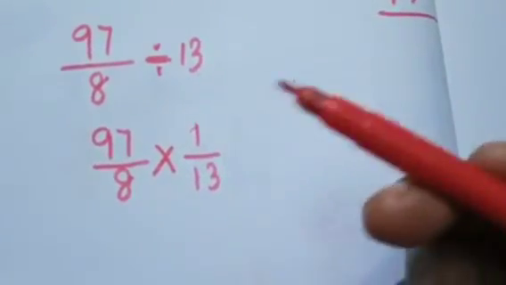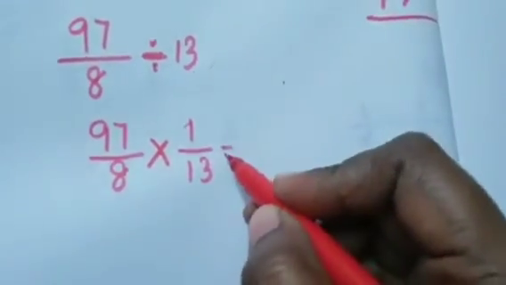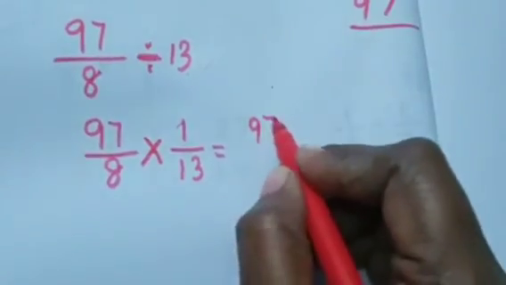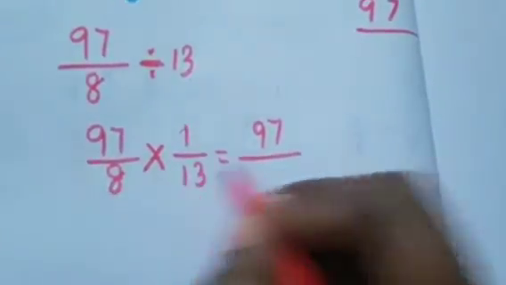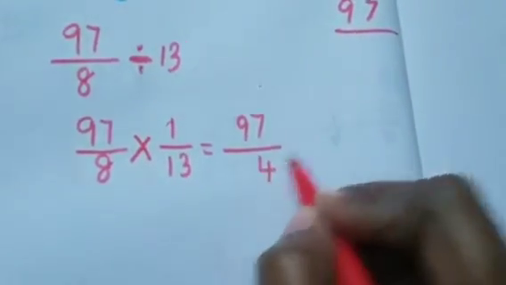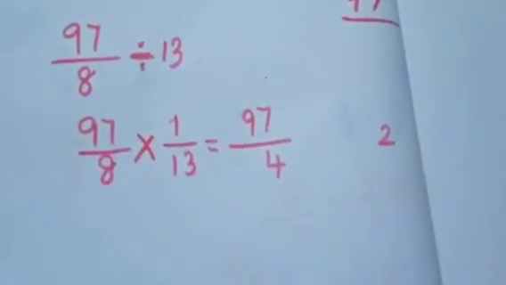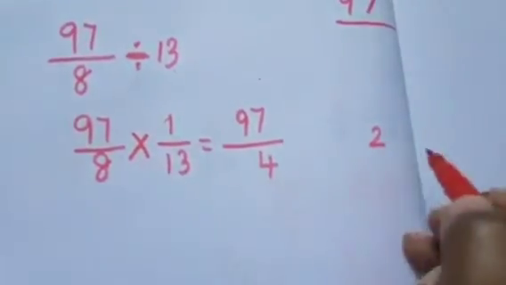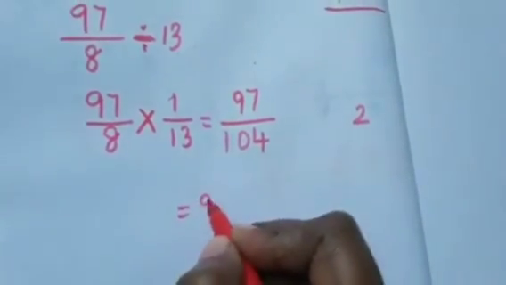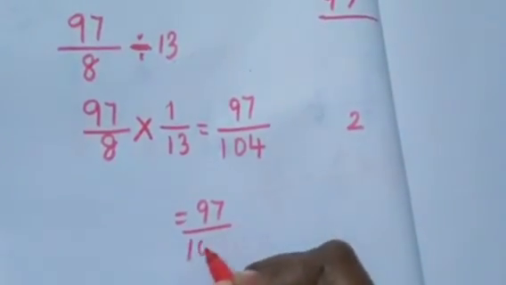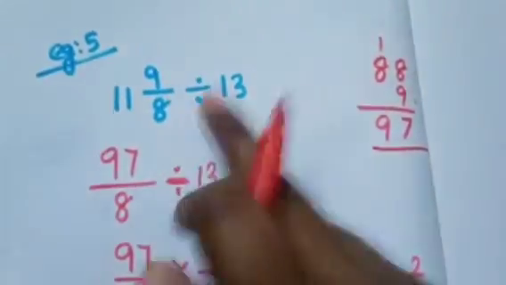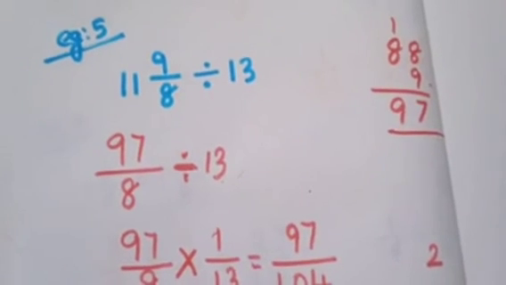No, there is no way, so you just multiply. 97 into 1 is 97, by 13 into 8: 8 3s are 24, 4, 2 carry over. 8 1s are 8, 8 plus 2 is 10. The answer is 97 by 104. So this is the answer for the given problem. Are you clear, children, about the division of fractions?